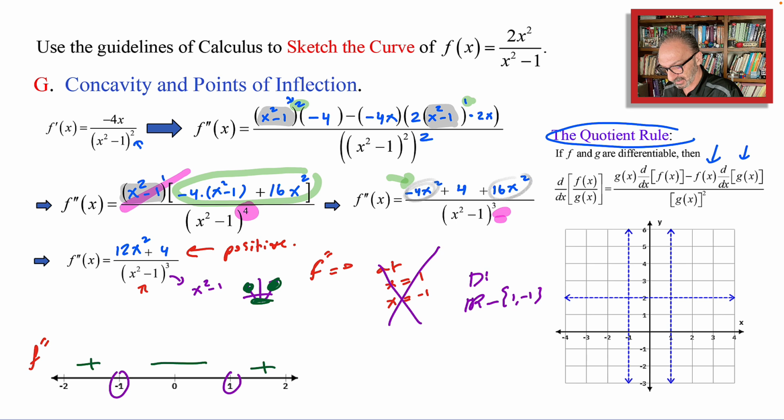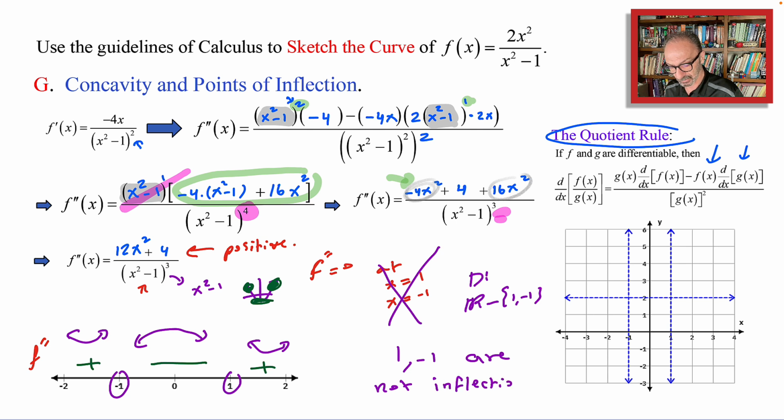That says that the graph is concave up to the right of 1, concave up to the left of negative 1, and concave down between negative 1 and 1. 1 and negative 1 are not part of the domain, so they are not inflection points, just because they're not defined. The function is not defined at negative 1 and 1.